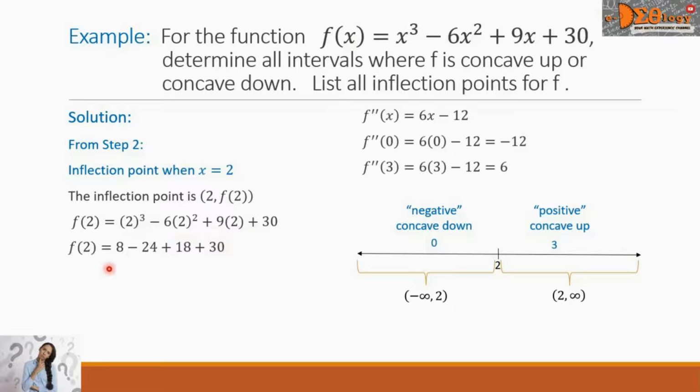When we simplify the numbers here, the answer is 32. So the coordinates of our inflection point is (2, 32). Let us take note of this inflection point in here.